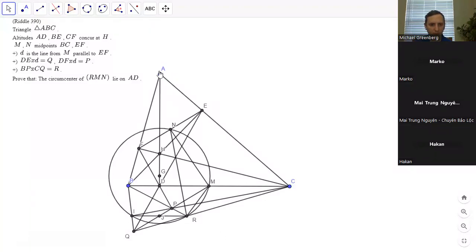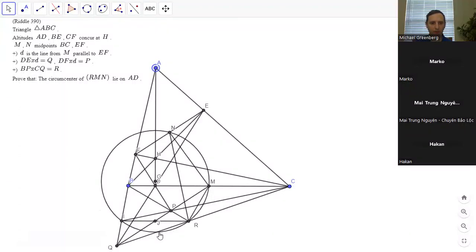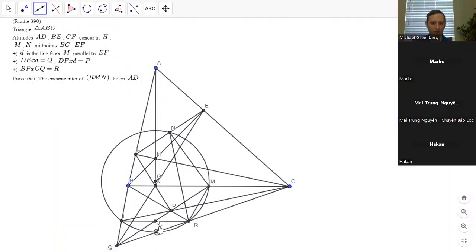And I wonder if I don't think this point is the midpoint of the arc. I would be very surprised if that were the case. Let's see. Yeah, it's not true.